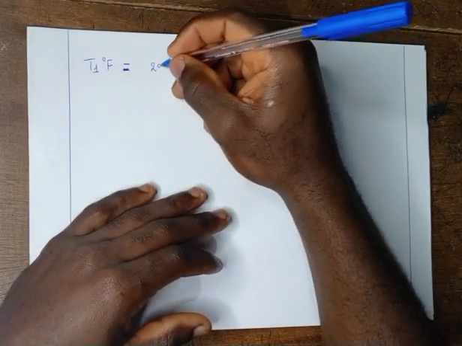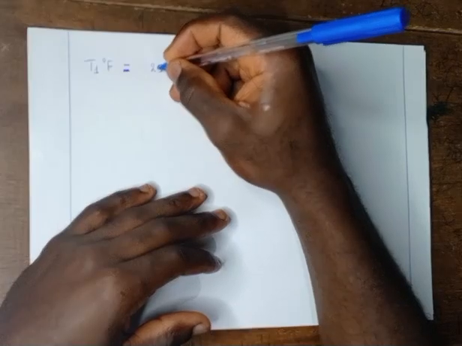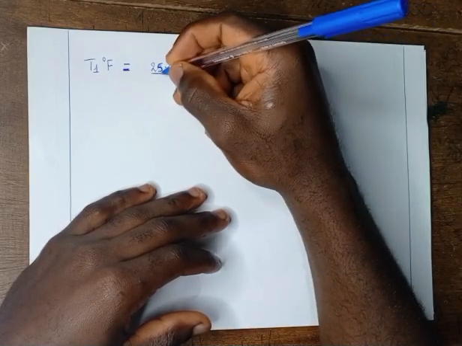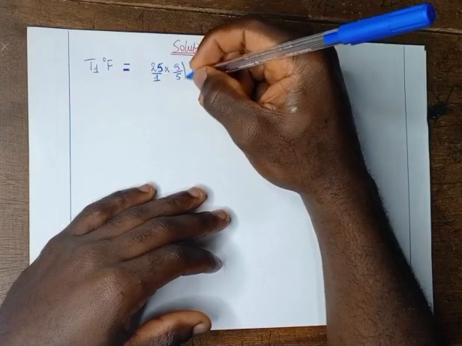So we take 25 times 9/5. You can write this 25 as 25/1.